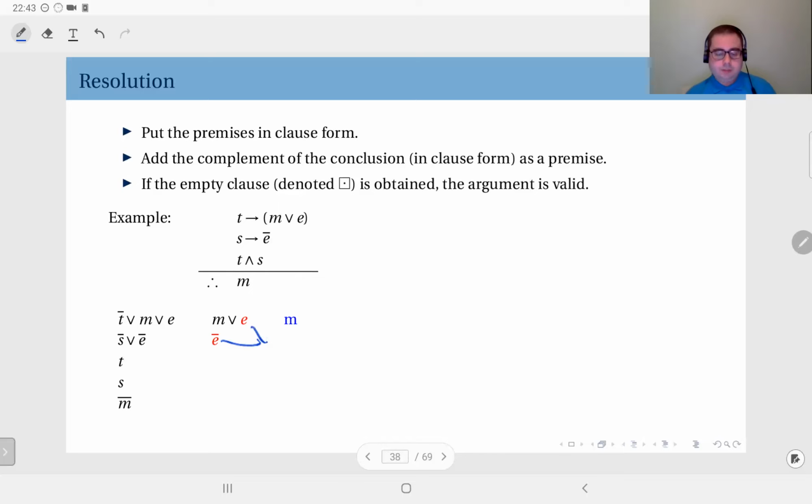E and not E appear, and the result is M. Now you see you have not M and M together, and then you can resolve them to obtain the empty clause, which means that the original argument was a valid argument.